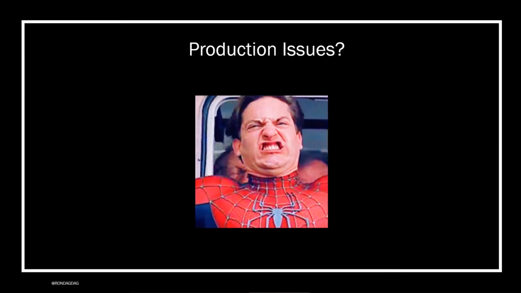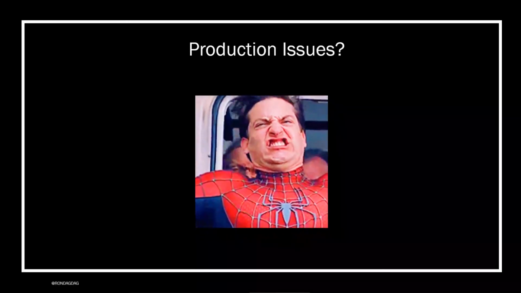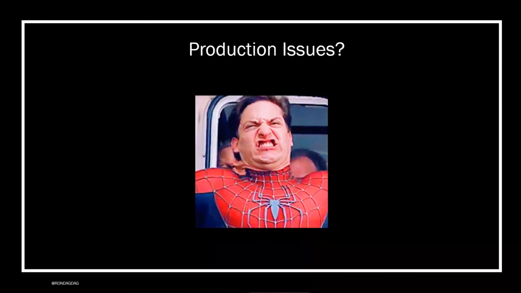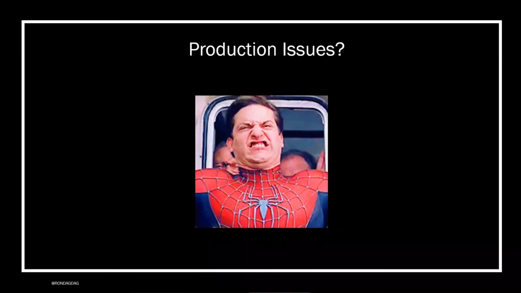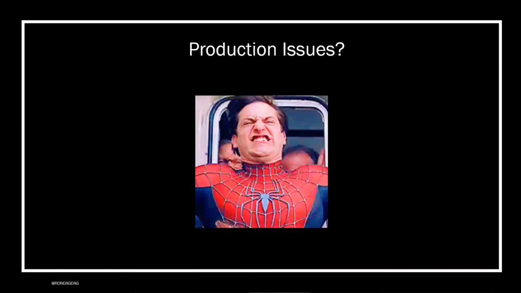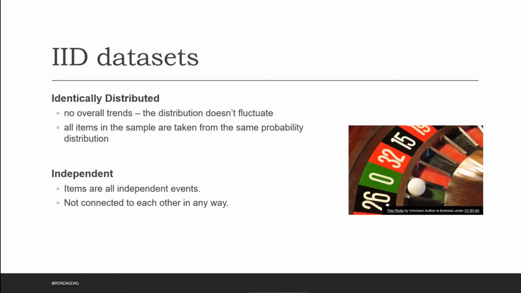Of course, whenever there's production issues, the earlier you're able to detect it, the better, right? And that's how it feels like. When you have streaming data, it's like stopping a train right in the middle of it. IID data sets: you'll hear this whenever you're talking about time series data.